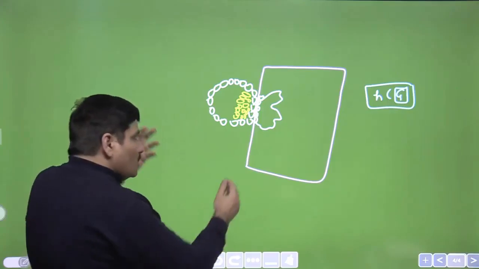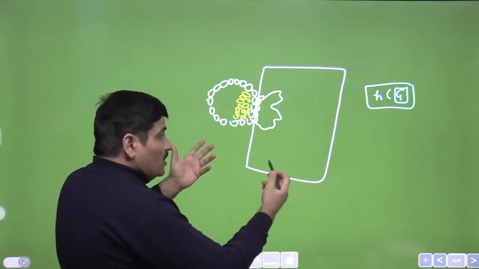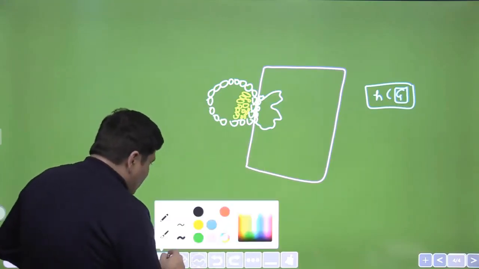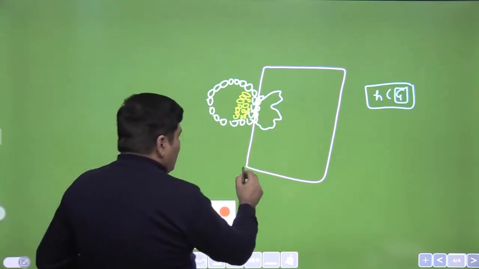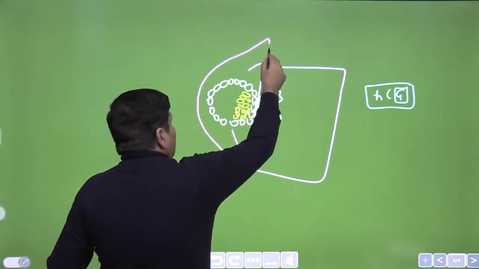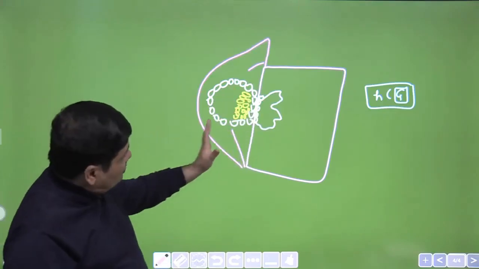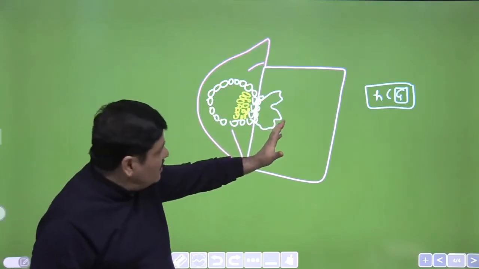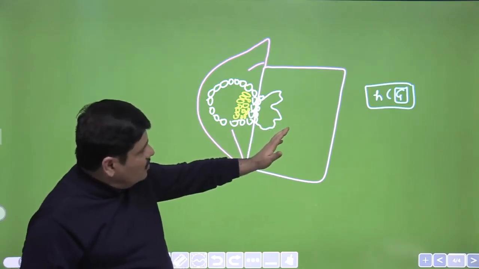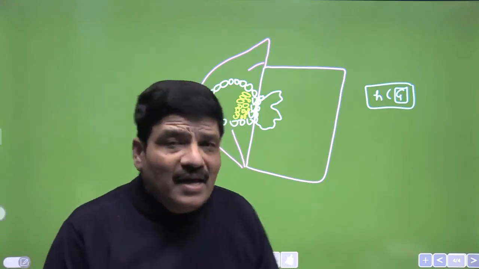And now, because the corpus luteum has been maintained, progesterone is there, estrogen is there, and the endometrium keeps on flourishing. Ultimately, it will be surrounding the developing embryo on all sides, and incidentally, after implantation, the endometrium will now be called the decidua.